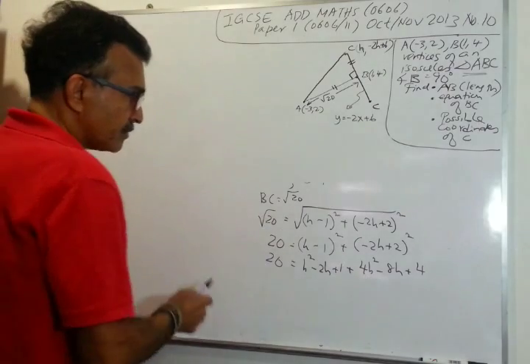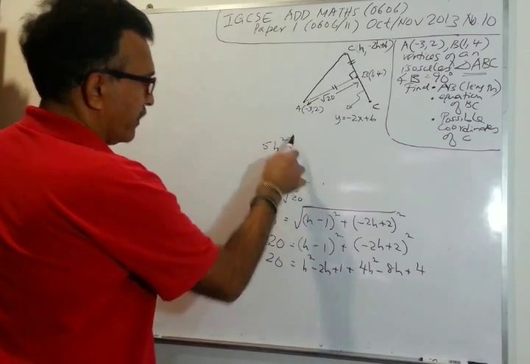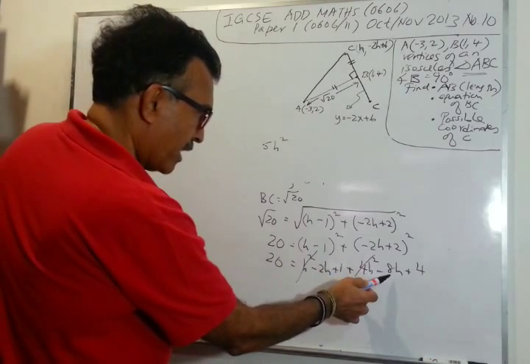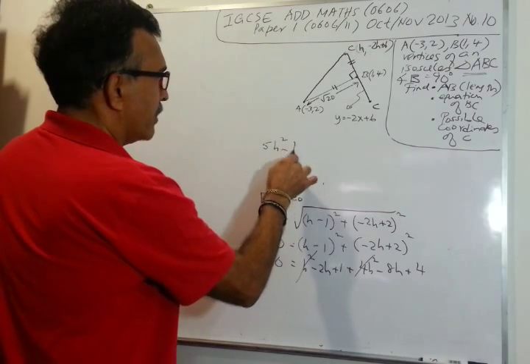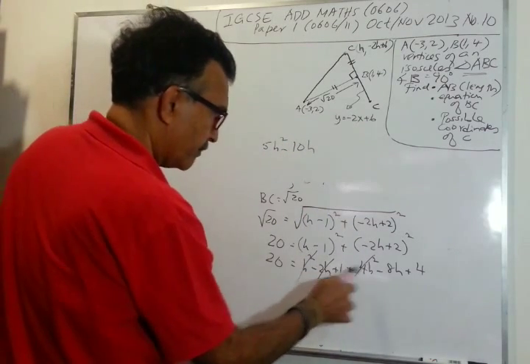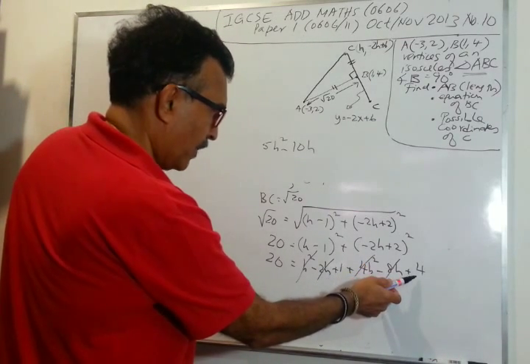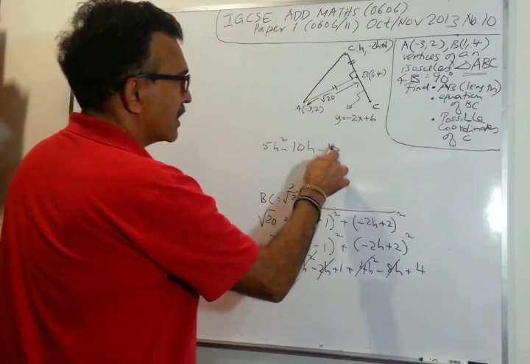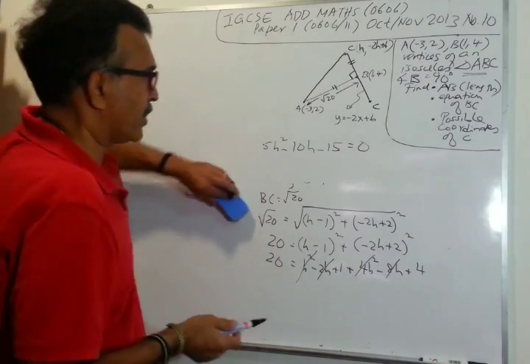On the right-hand side I have 5h squared, and then minus 2h and minus 8h, so I can write minus 10h. Then I have plus 1 plus 4 is plus 5. Bring the 20 across, 5 minus 20 is minus 15. That you can clean up on your own.